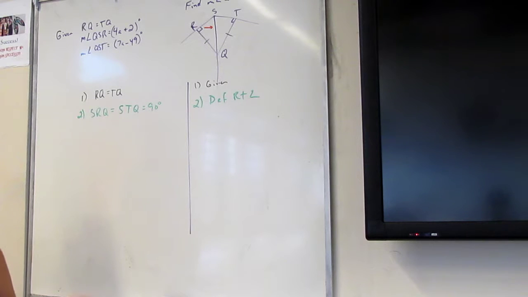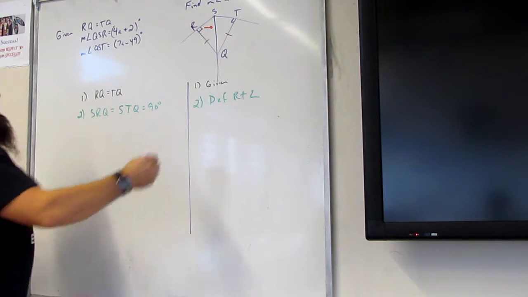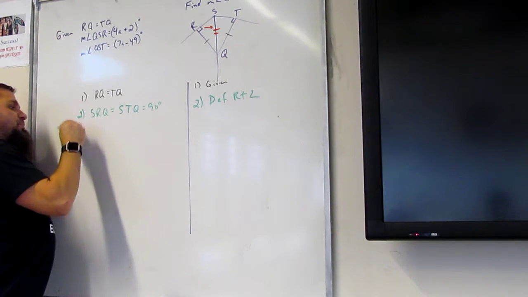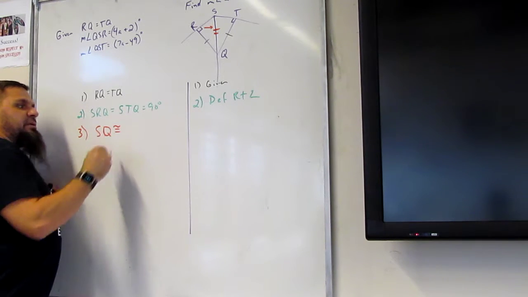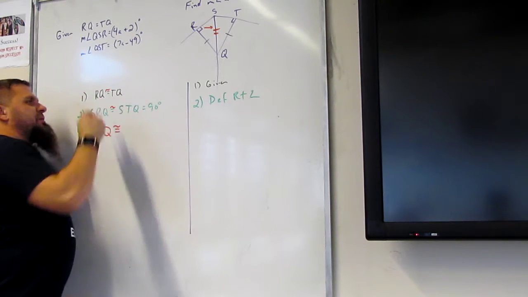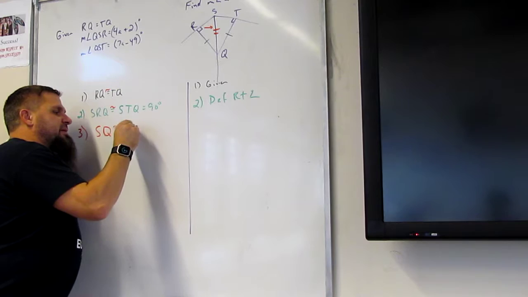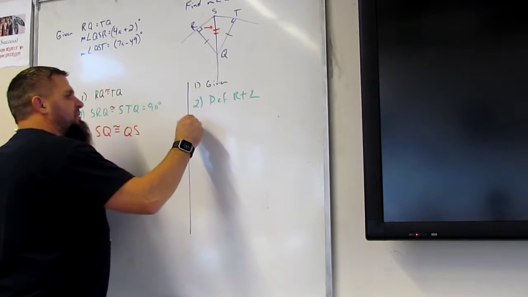Because it's across from the 90, right? And we know that it's equal to itself. That SQ is congruent to QS, right? And we call that reflection.